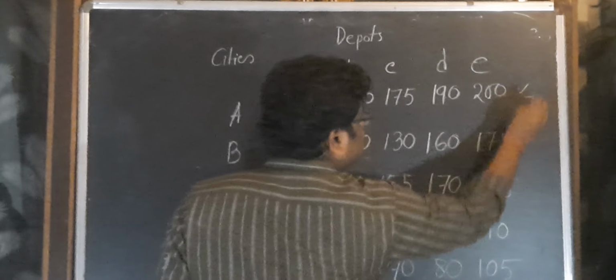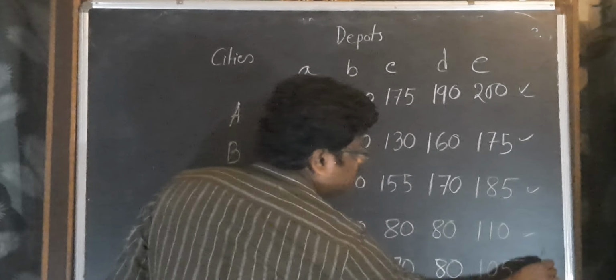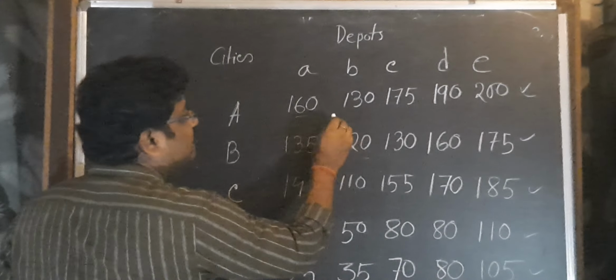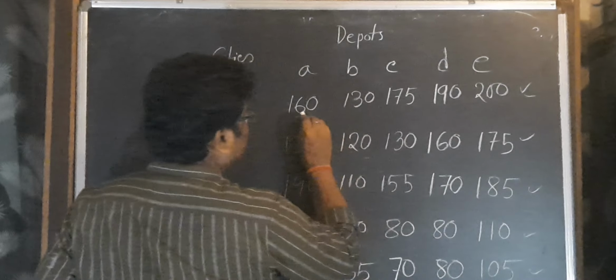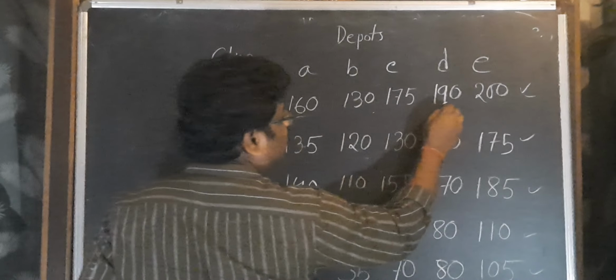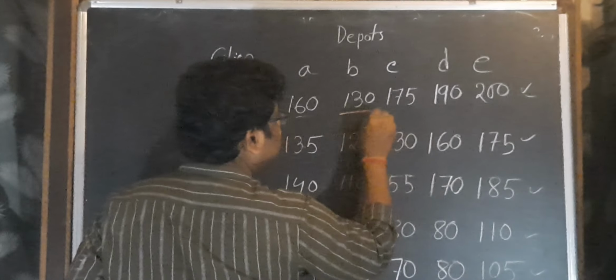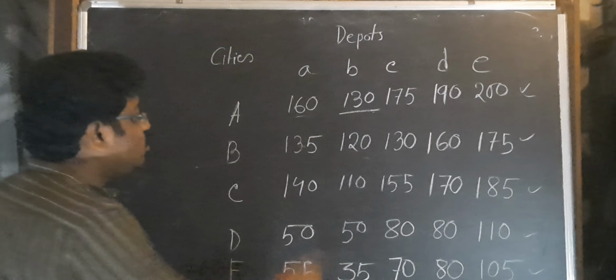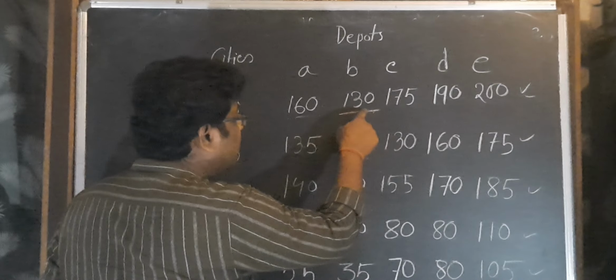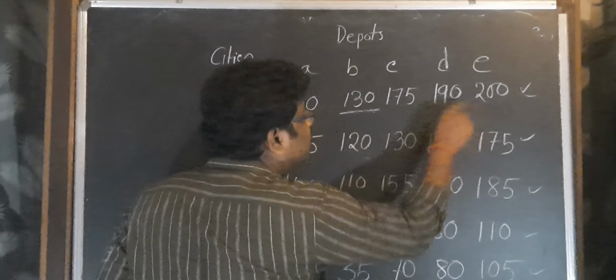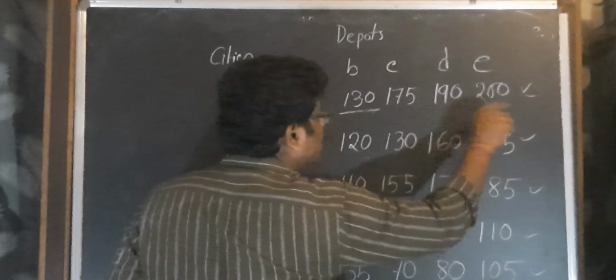The minimum value from each row. These are the rows. Out of these values 160, 130, 175, 190, 200, 130 is the minimum, and we subtract this minimum from each of the values of the first row.